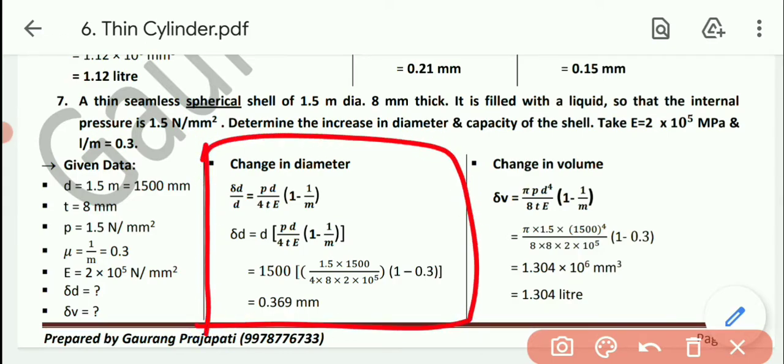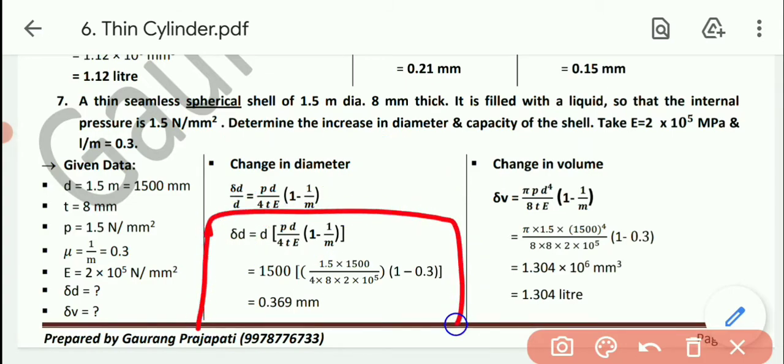Okay, formula stands for delta D by D equals PD by 4tE in the bracket 1 minus 1 upon m. We have all the values. See, first of all delta D, so D will be multiplied with this term. Okay, so formula will be converted into this one. Now for this one, let's put down the unknowns value. Say D, that is 1500.